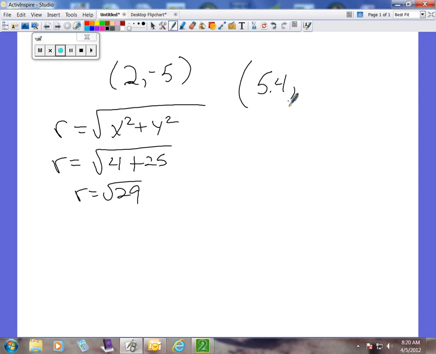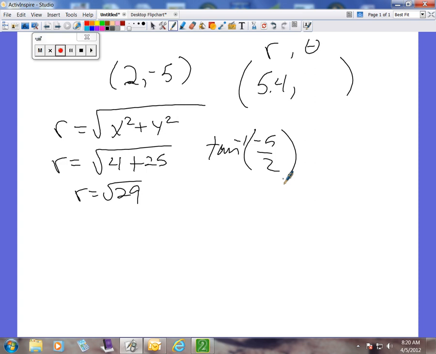Okay. We get 5.4. This is our r, because we're doing r comma theta. Now we need the tangent inverse of that. And this is the one I said earlier, isn't it?